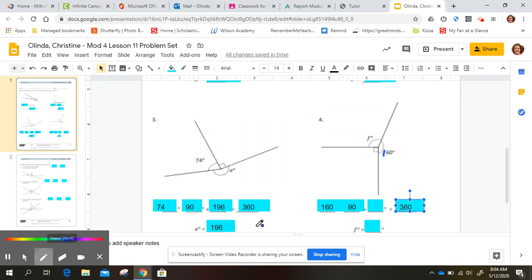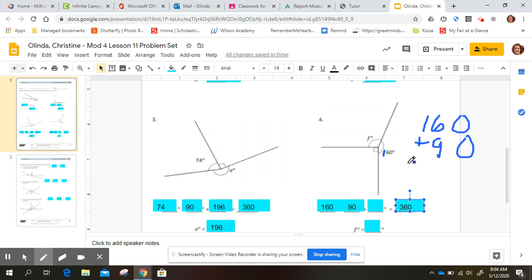So if I add 160 plus 90, that'll tell me this angle plus this angle, this one here, plus this one here. So 0, 5, 1, 2. Whoops. All right, but that's not my answer here because I need to subtract from 360.